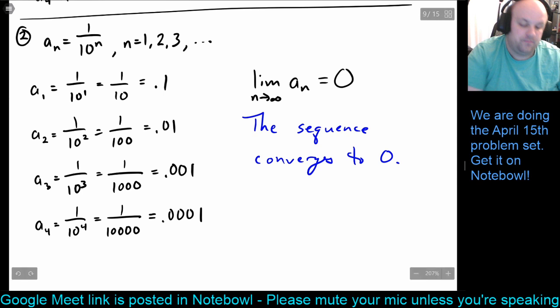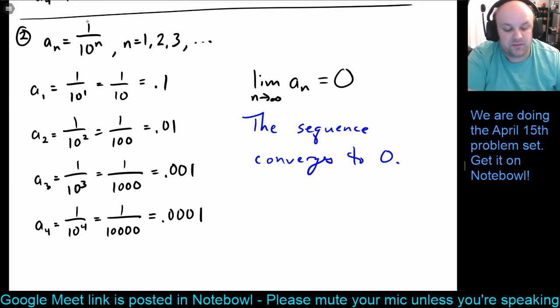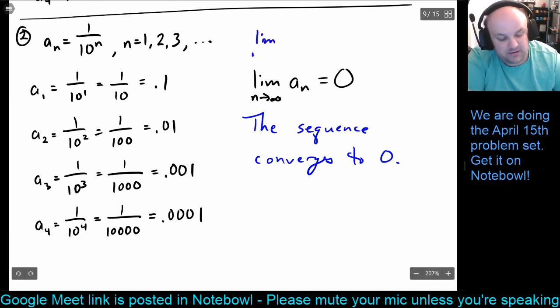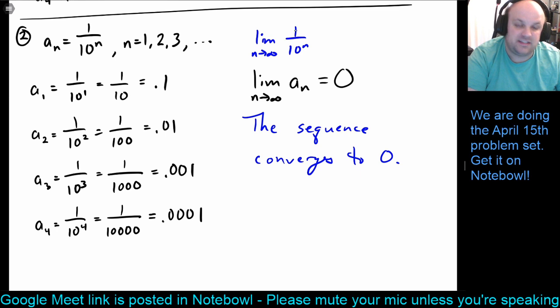Another way we can think of that is working analytically with it, doing limits as we've done them before. We're still computing the limit as n goes to infinity of 1 over 10 to the n. The top is staying 1.